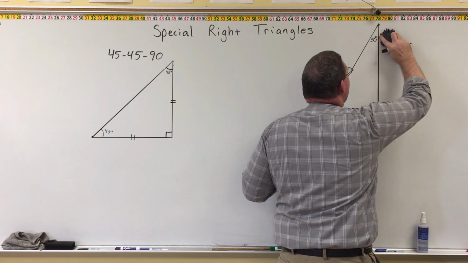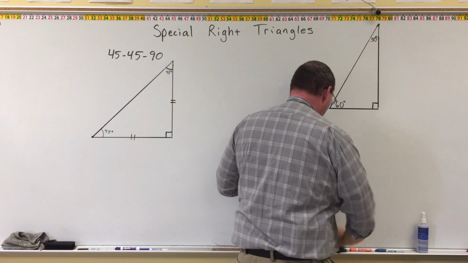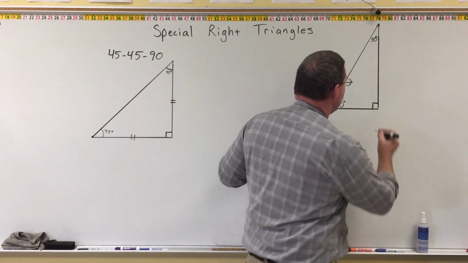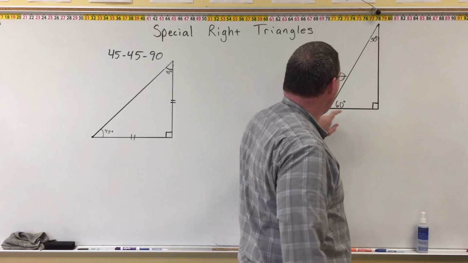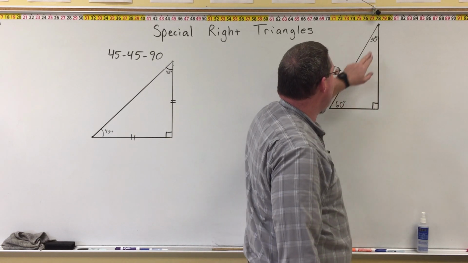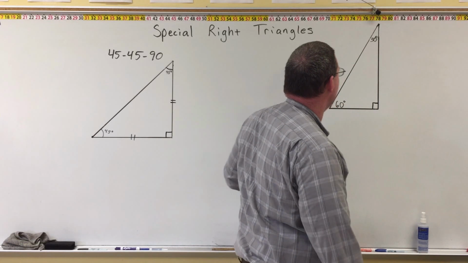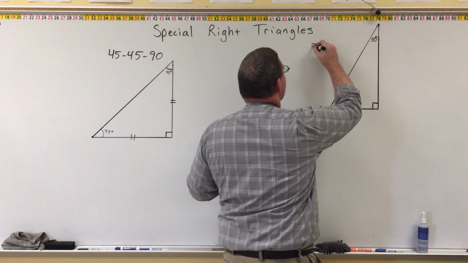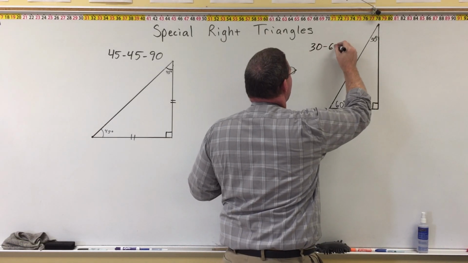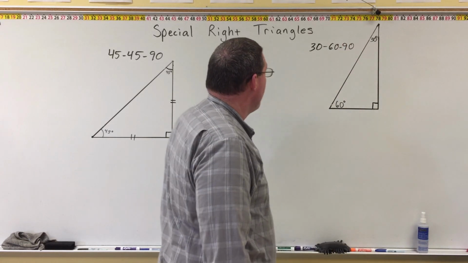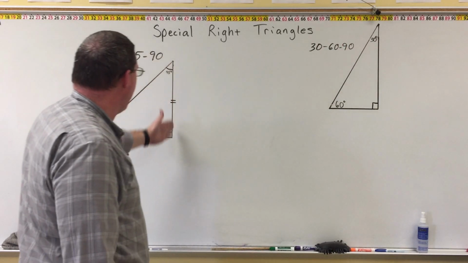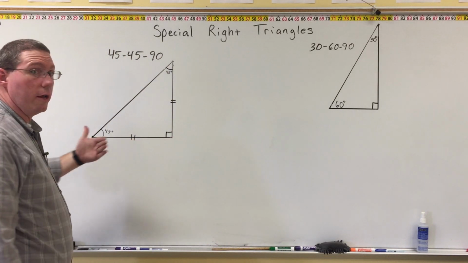Okay, and this is our second right triangle, and you can see that this right triangle has a 90-degree angle. It also has a 60-degree angle, and it has a 30-degree angle, and so we call this a 30, 60, 90 right triangle.